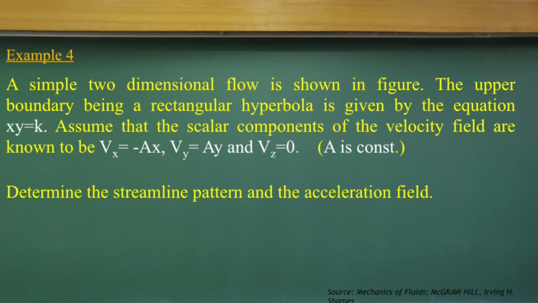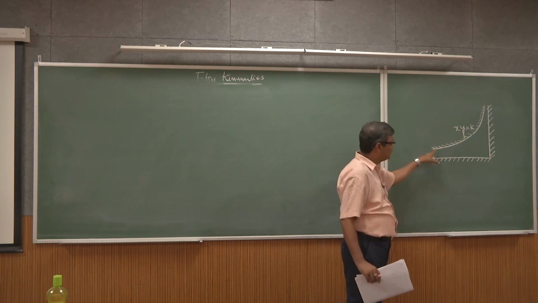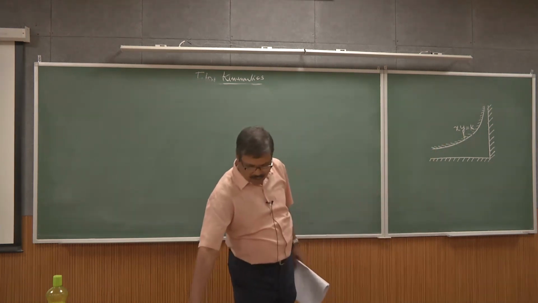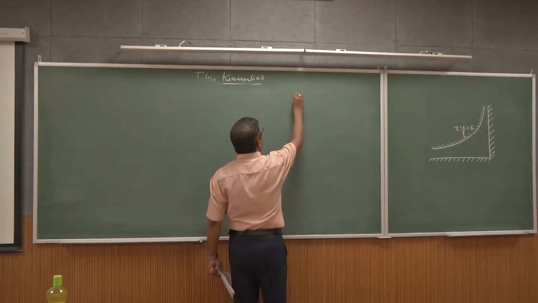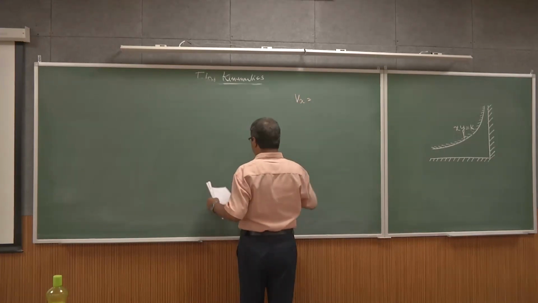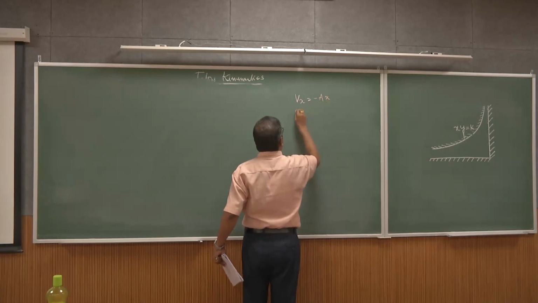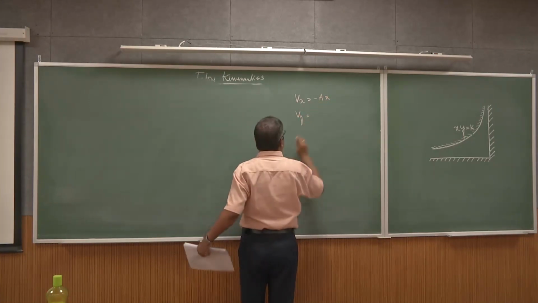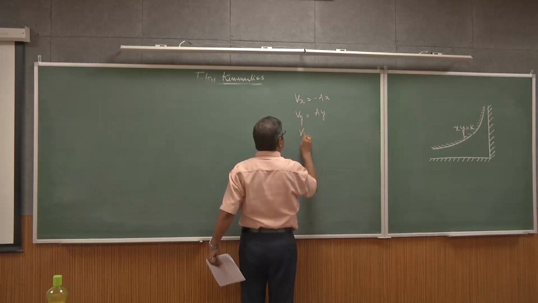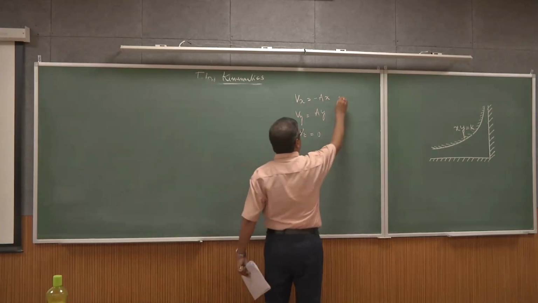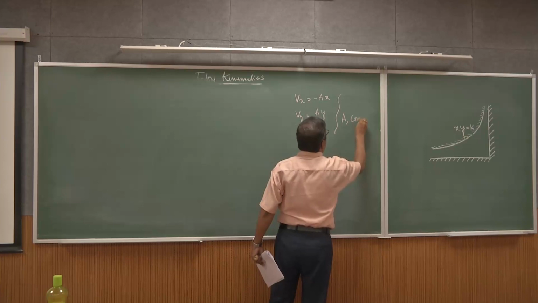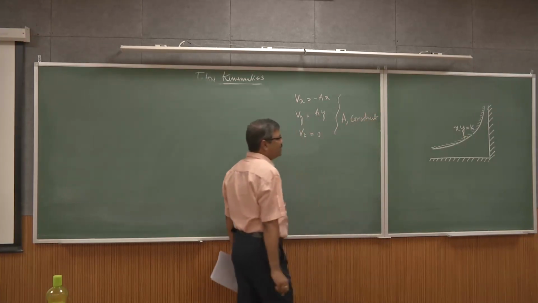The upper boundary is a rectangular hyperbola, given by the equation xy equal to k. Assume the scalar components of the velocity field are Vx equal to minus Ax, Vy equal to Ay, and Vz equal to 0 as a two-dimensional field, where A is a constant.